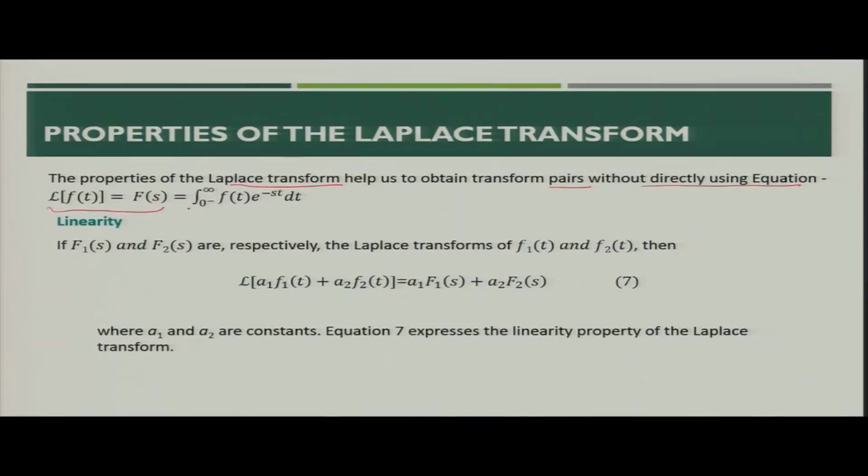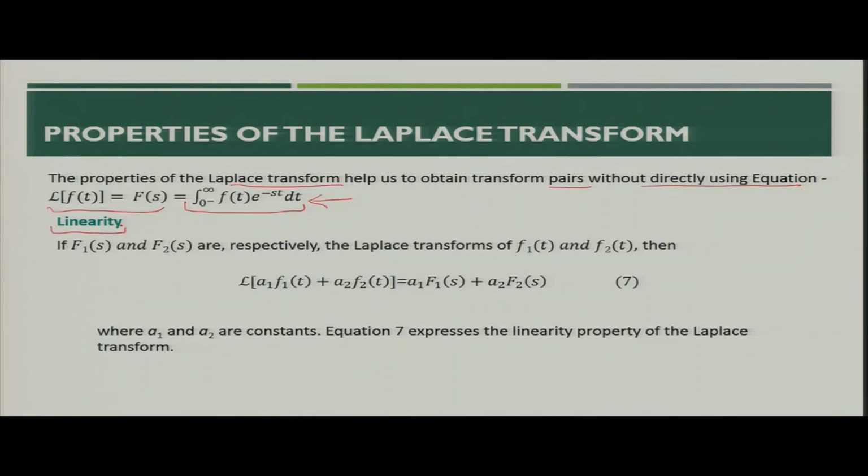The initial expression we started with was the Laplace of f t is nothing but F s, which is the integration between 0 minus to infinity of f t e to the power minus s t dt. We will use various properties to directly find the value of the Laplace transform rather than going with the standard procedure of integrating the function. So, let us see what those properties are.